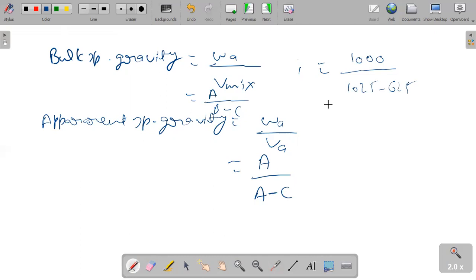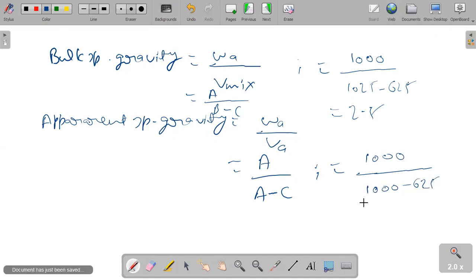If we divide 1000 by 400, we get 2.5. And the same here, 1000 upon 1000 minus 625, that is 375.